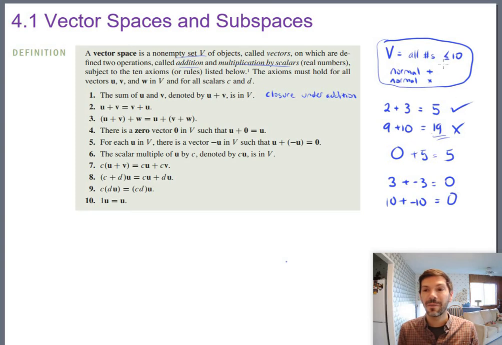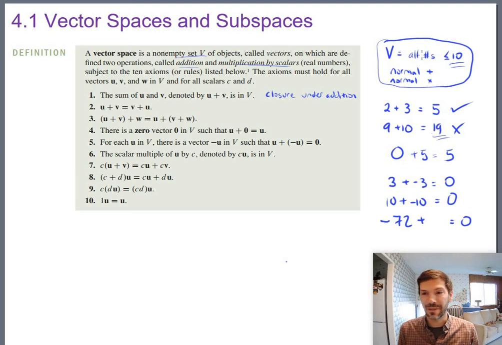That's fine. But notice my set was all numbers less than or equal to 10. So negative 72 is in my set. But there's nothing in my set I can add to that and get 0. I mean, obviously it'd have to be positive 72, which is not in my set.